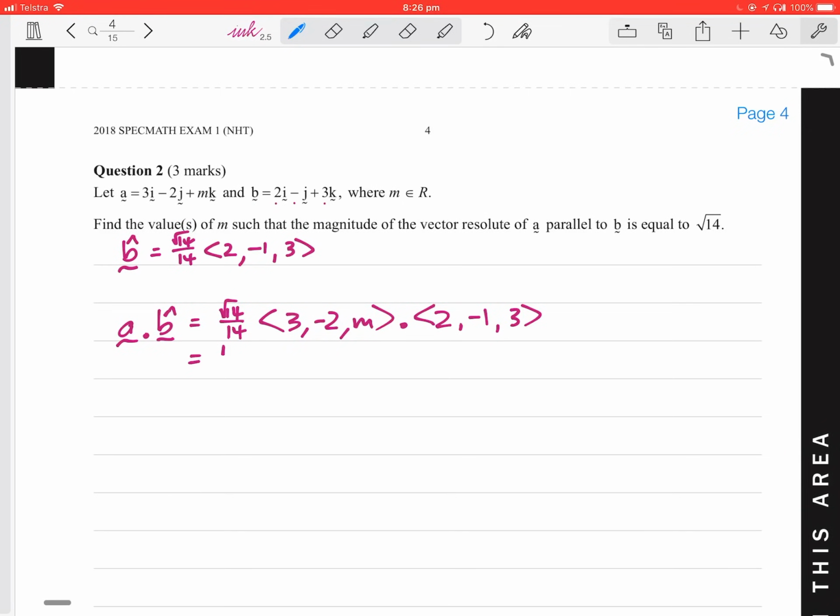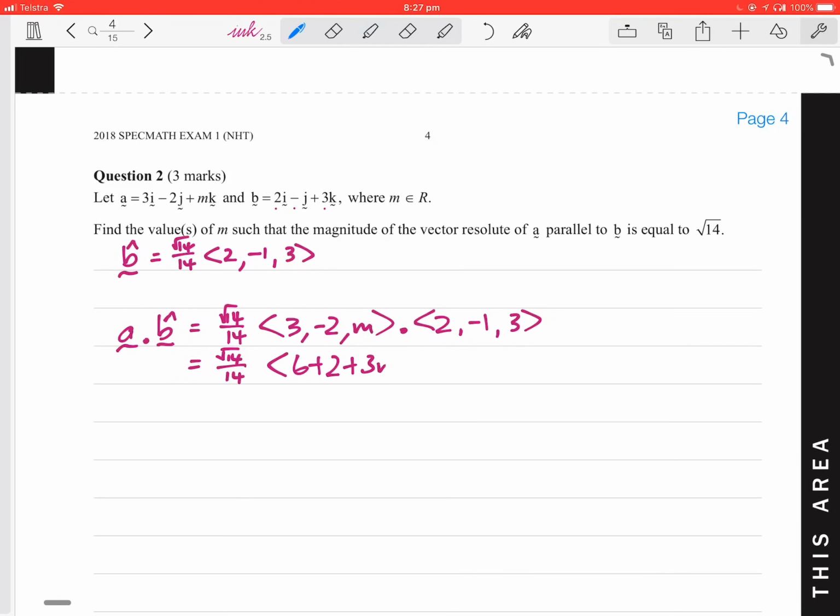So I get 6 plus 2 plus 3m, so root 14 on 14 times (8 plus 3m).